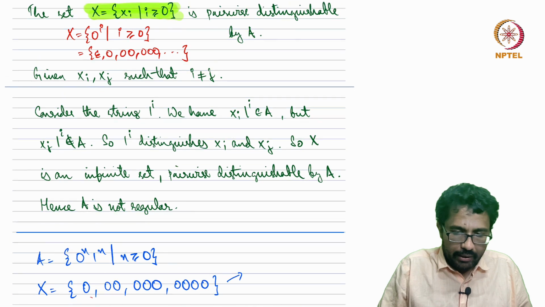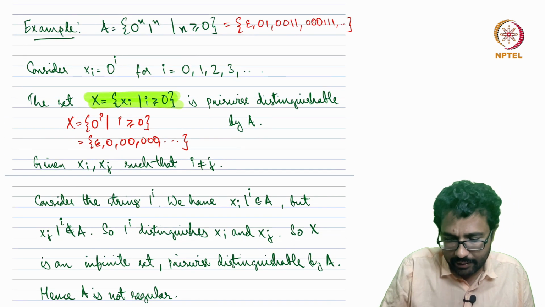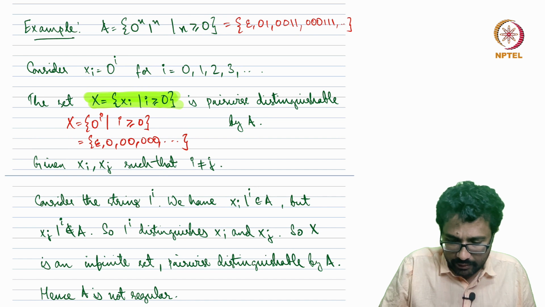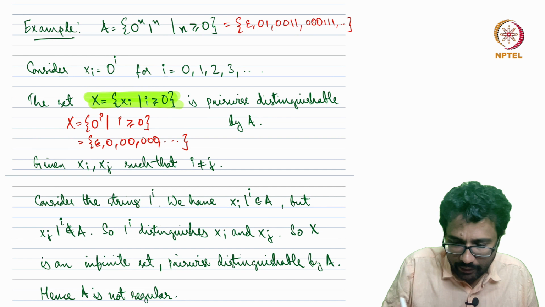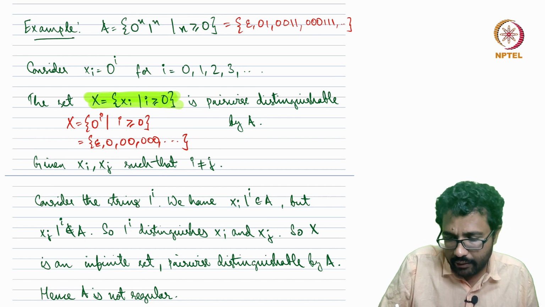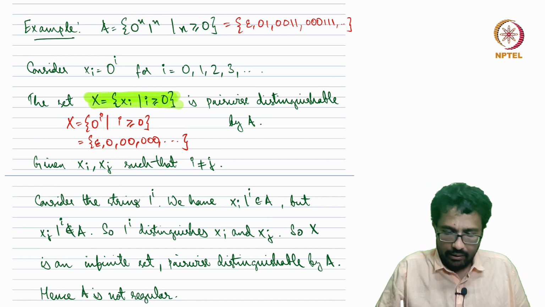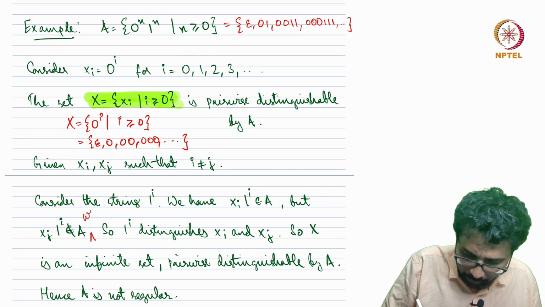So it's the same argument again. If you see this set X here, it's an infinite set. It contains the empty string, 0, 0 0, and so on. The string 1 power i will ensure that xi 1 power i is in the language, but xj 1 power i will not be in the language whenever i is not equal to j.